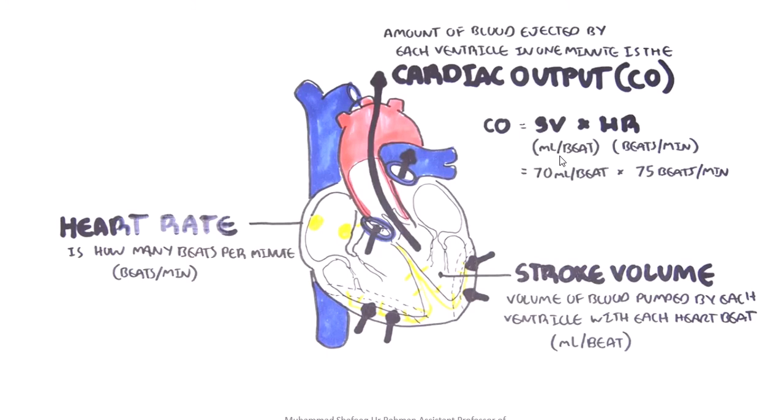Suppose stroke volume is 70 milliliter per beat and heart rate is 75 beats per minute. Then we cross the beats.